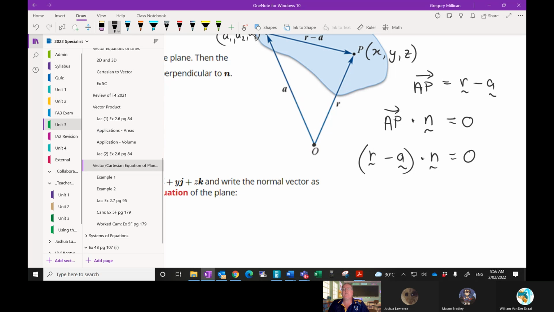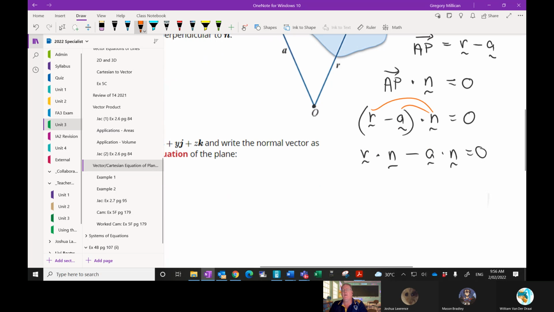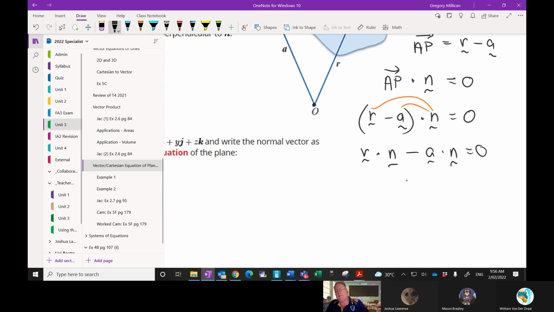Using the distributive law, it's r dot n minus a dot n equals 0. I'm just expanding it out like you would with multiplication, but the dot product has the same properties. Therefore, I can rearrange that: r dot n equals a dot n. And that's how the vector equation comes about.